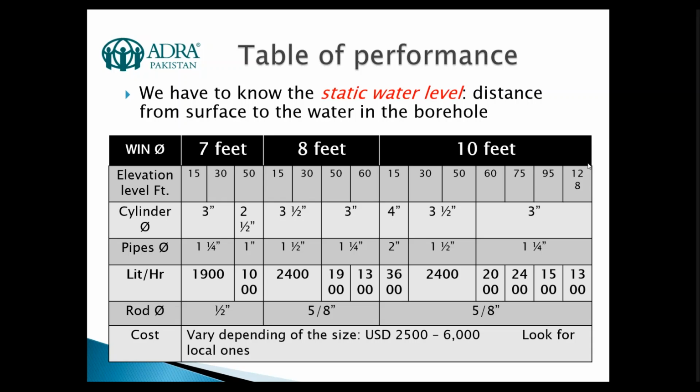At the deepest levels in the table, we are getting less water because the effort of the windmill is higher, and we get less water from the ground. And the cost, yes, I said that our cost is more or less $4,500 with everything.